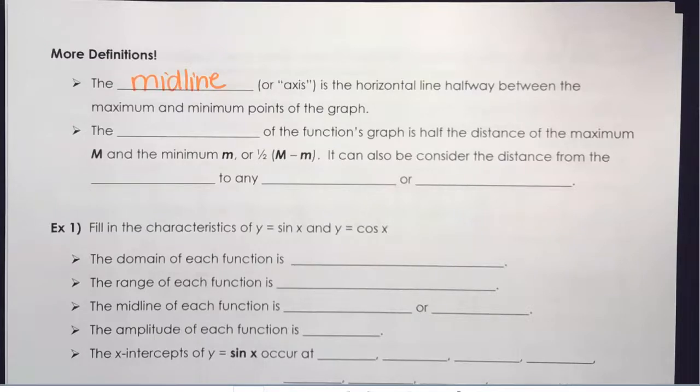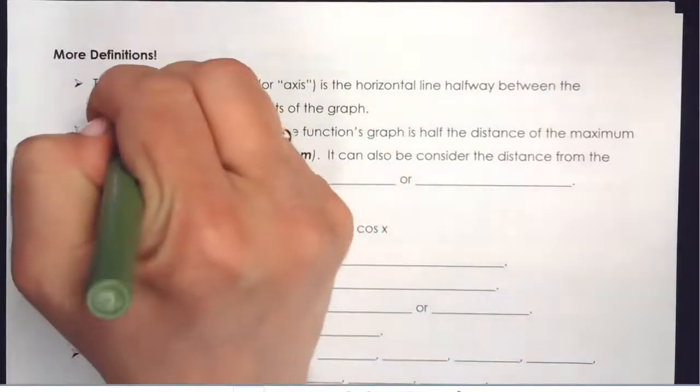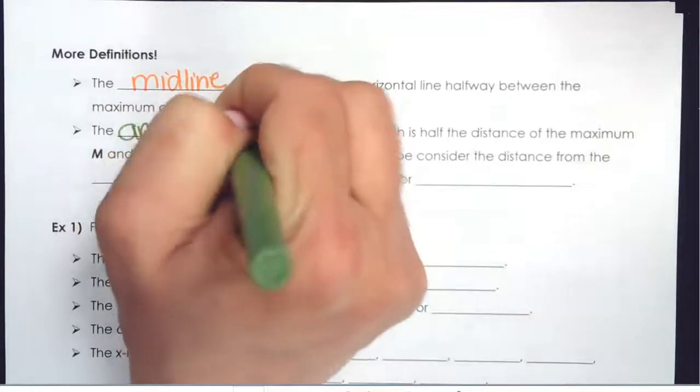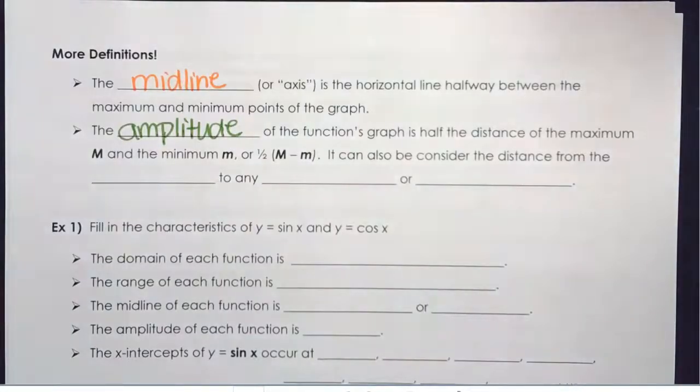Another word I want us to know is amplitude. The amplitude of the function's graph is half the distance between the maximum, big M, and the minimum, little m, or half of big M minus little m.